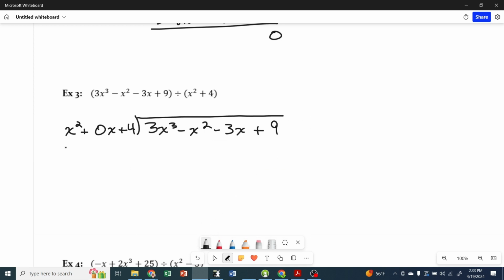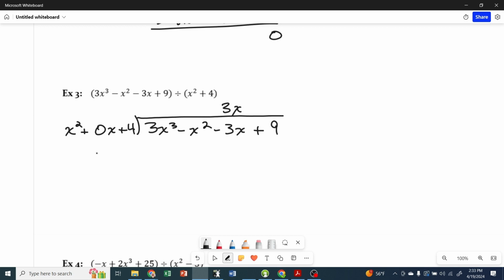Alright, so x squared goes into 3x cubed 3x times, right? Oops, excuse me here, hold on. My mistake here. I should not have put that there. That needs to go right here. Right? Because I've got a trinomial now.